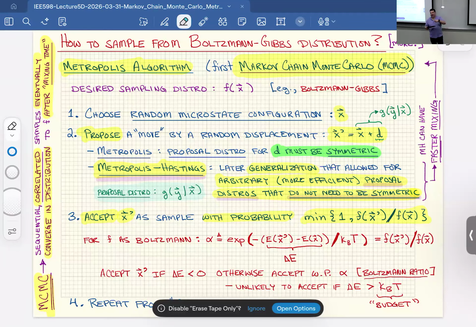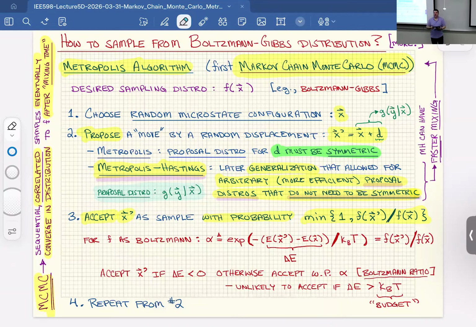So we go through a bunch of proposals, eventually find a proposal that we accept, and then we do that again and again and again, and over time, this is a Markov chain.